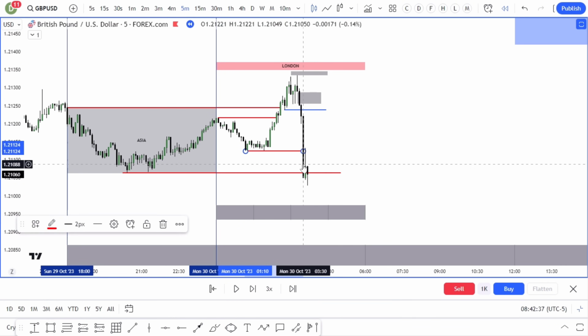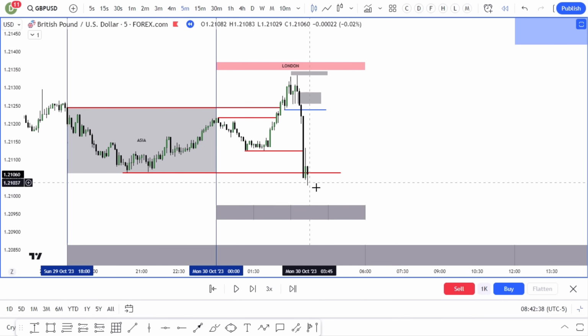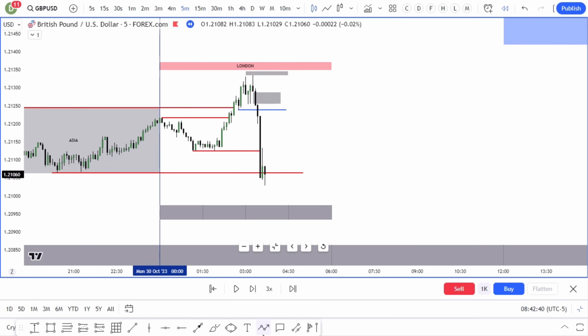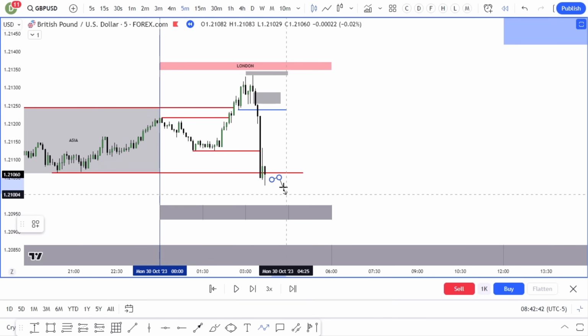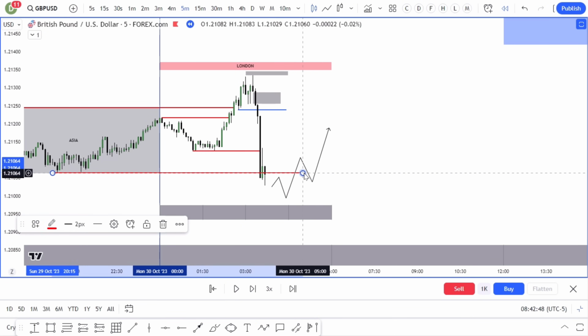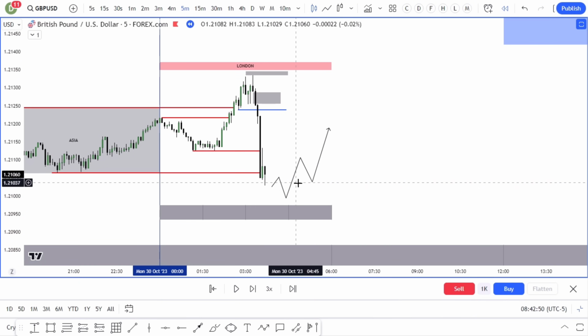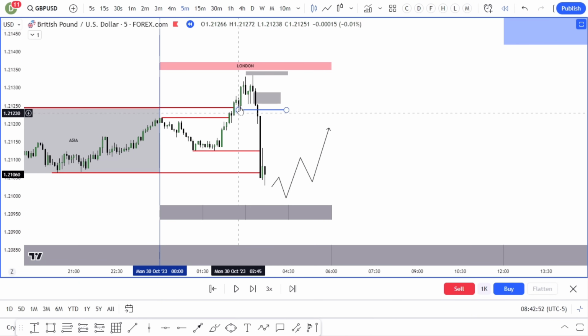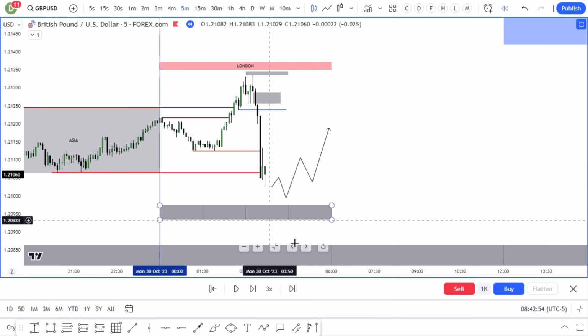So this is a setup on its own, right? But now price needs to create some form of displacement, meaning that price needs to create something like this, just for simple terms, and then create a breaker block, the same inverted structure right here, but we want to execute our trade within the fourth quarter of this whole entire range.